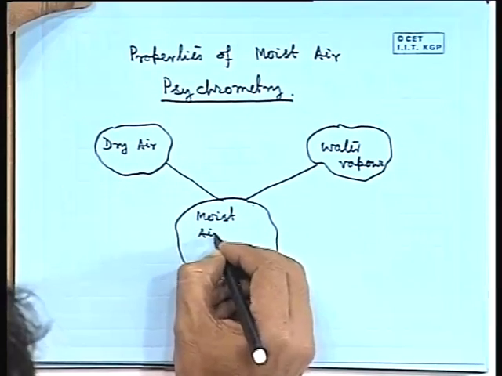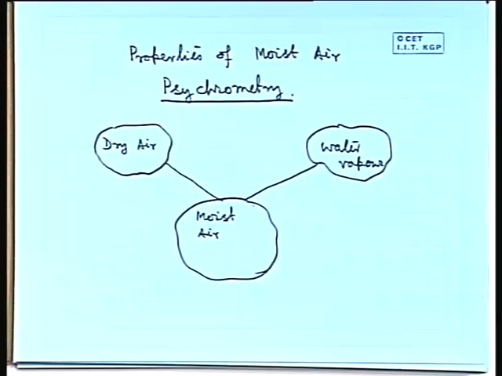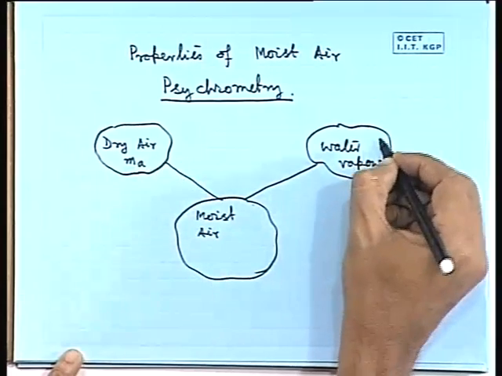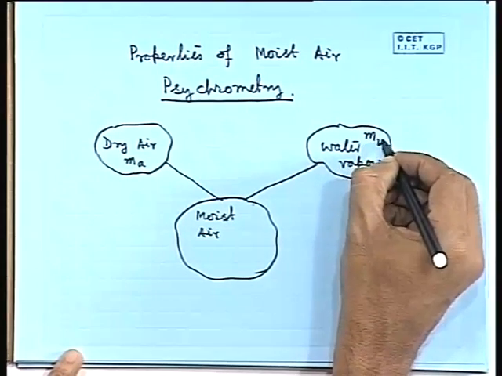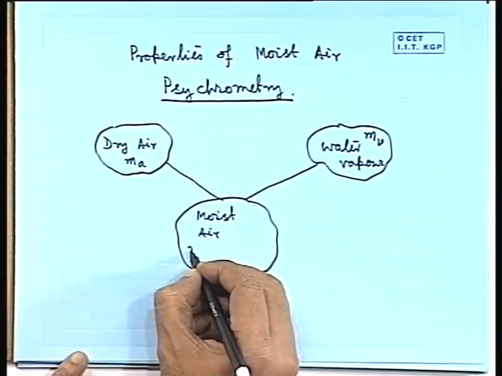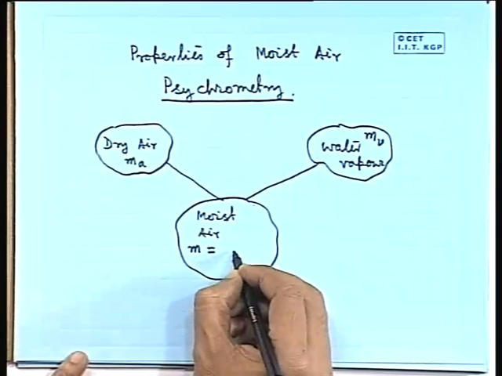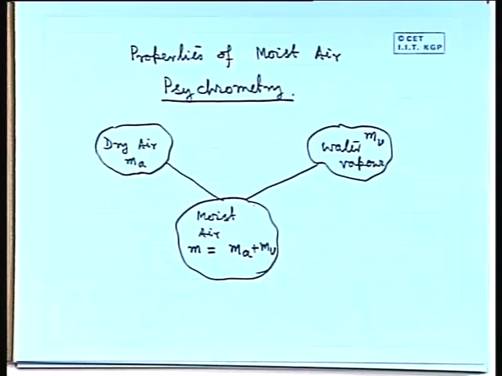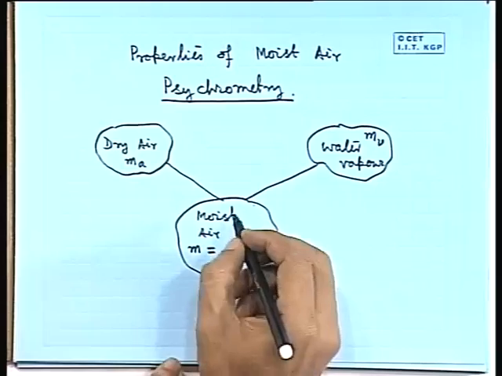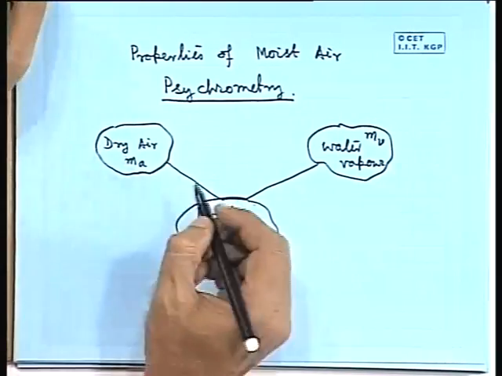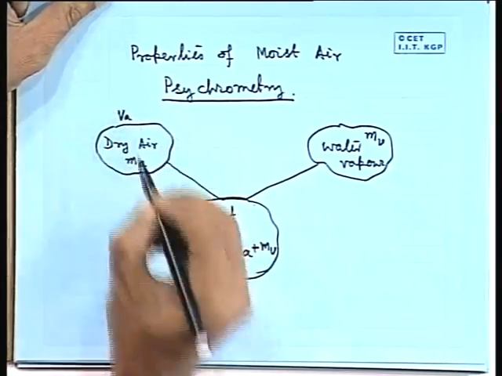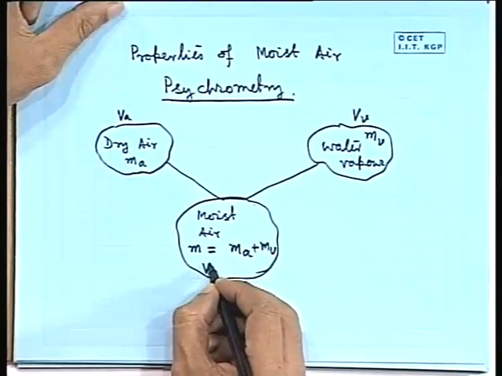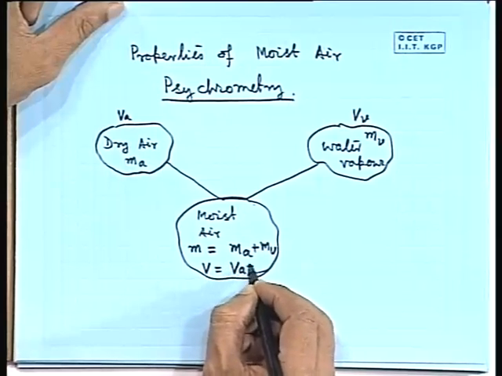Let us say dry air has a mass of m A, and water vapor has a mass of m V. So, moist air will have a mass m, which is equal to m A plus m V. And let us say the dry air has a volume V A and the water vapor has a volume V V. So, it will have a volume V equal to V A plus V V.